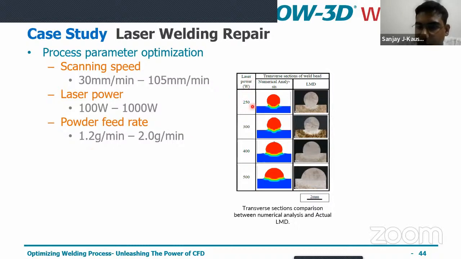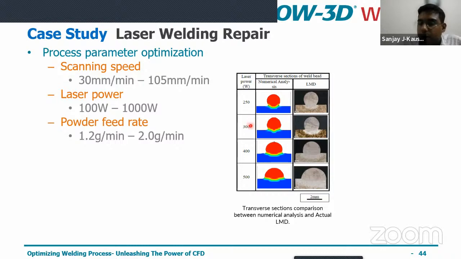We have here laser power of 250 watts, 300 watts, 400 watts, and 500 watts. What is happening here is the numerical analysis from the software, and this is actually an experimental result. This is one bead, one particular powder. At 200 watts, when it hits, we can see it doesn't completely go and form a layer on the gas turbine, but it just sticks to it and holds it there.